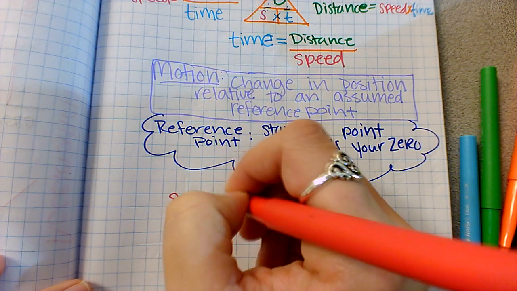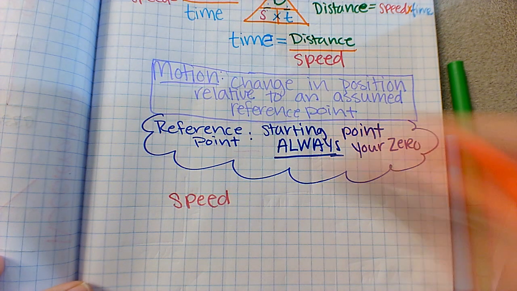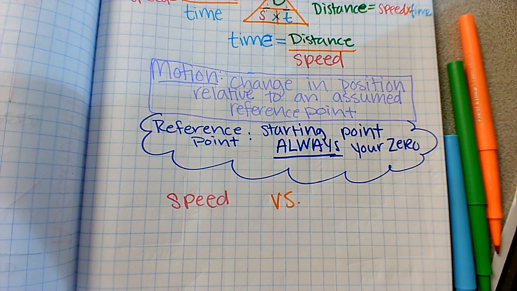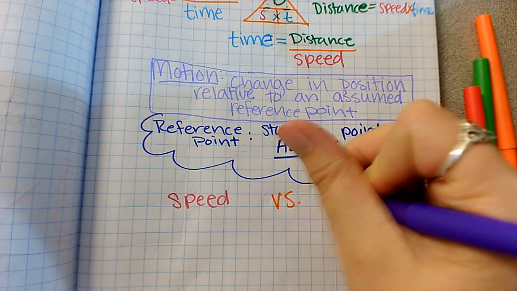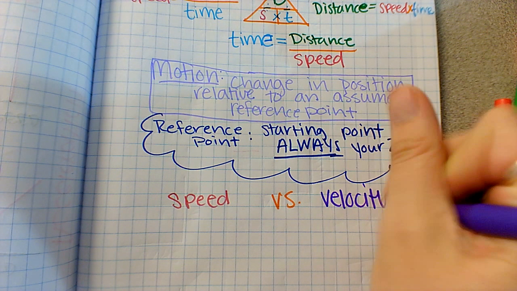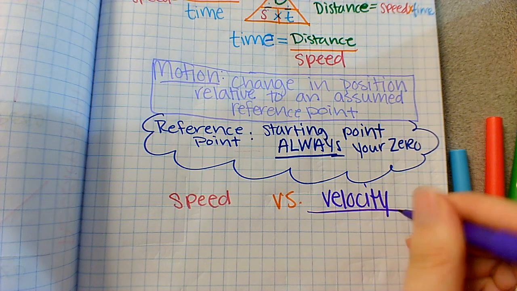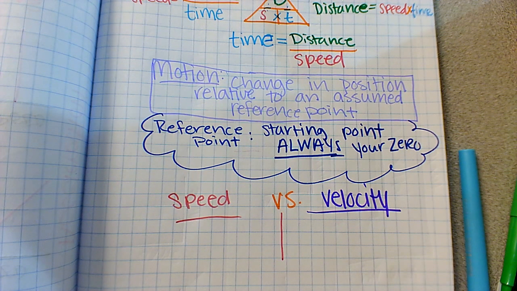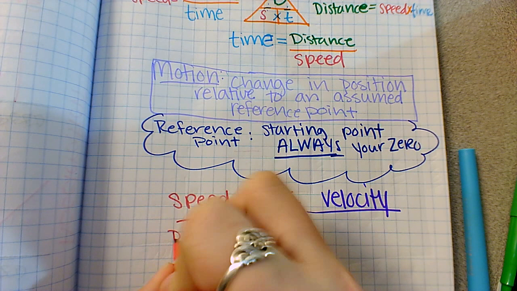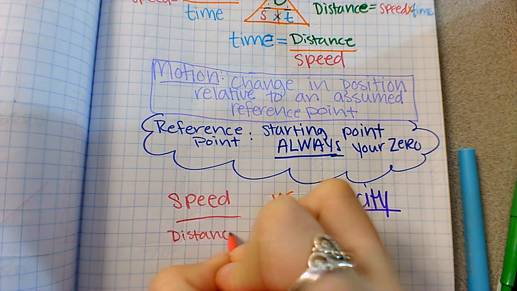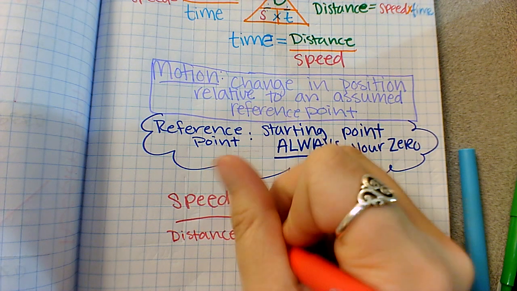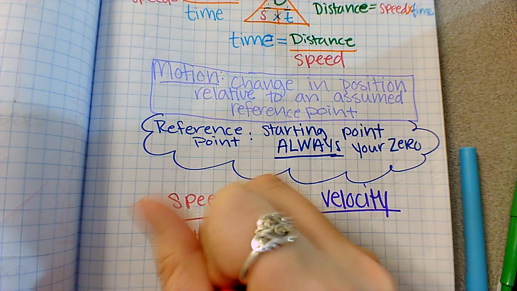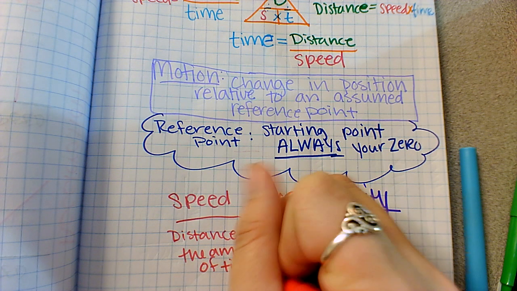Now, we do need to talk about speed versus velocity. Speed versus velocity. It's really easy, actually. Speed is just the distance you went over the amount of time.